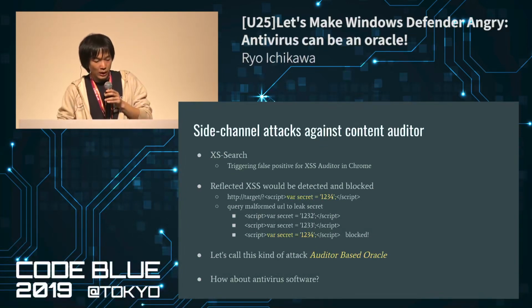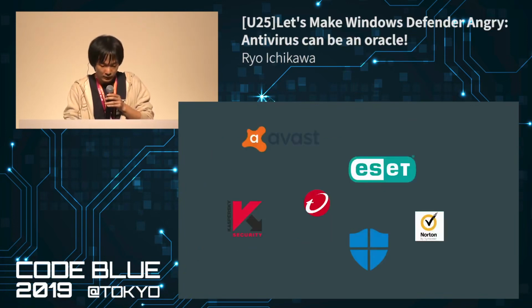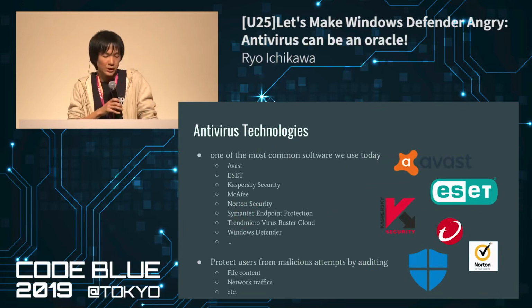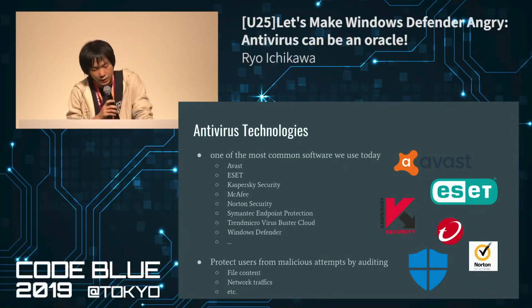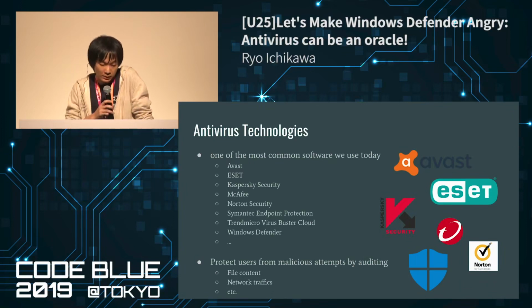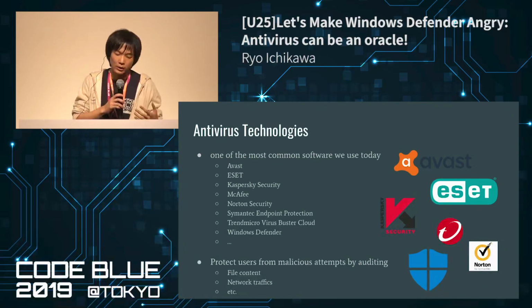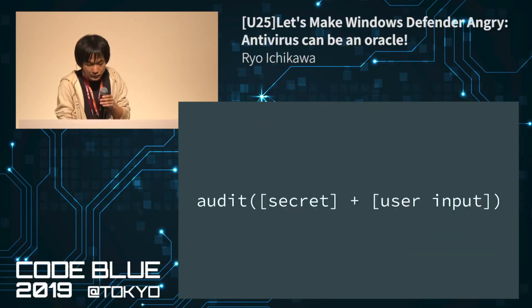So how about antivirus software? Antivirus technologies are among the most common software we use today, like Avast, ESET, Kaspersky, and so on. Basically, antivirus software protects users from malicious attempts by auditing file contents, network traffic, and so on.